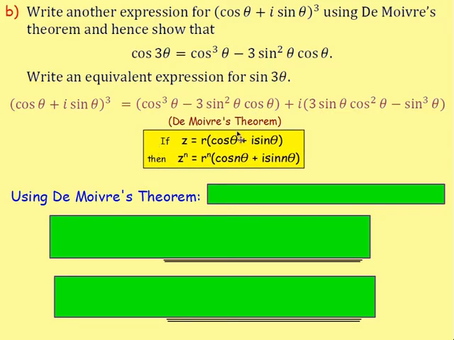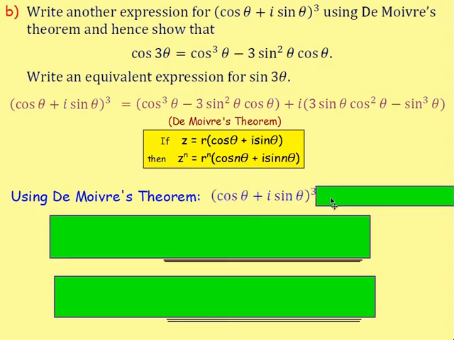So because we've got our polar form and it's to the power of 3, what we'd really have is, well, we've got the cos theta plus i sine theta to the power of 3, and the modulus will go to the power of 3, but here you can see the modulus in front of the brackets is just really 1. So you'd have 1 to the power of 3, which is still 1, so really we don't need to write that.